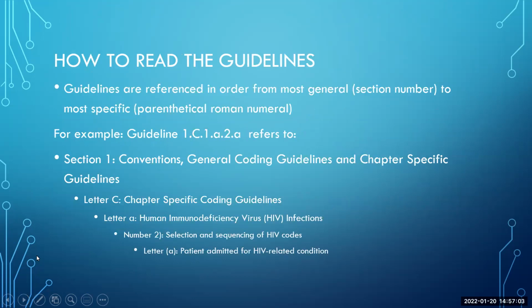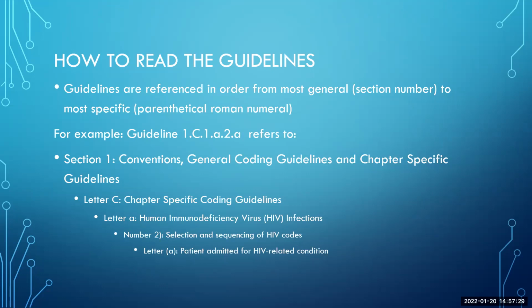But it is important to know how to read them. Occasionally, you will be told to reference a specific guideline, and it's important you know how to find what's being referenced. If you've ever made an outline, maybe for a history class, it follows that same format.